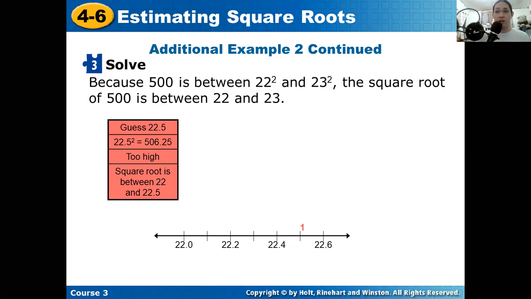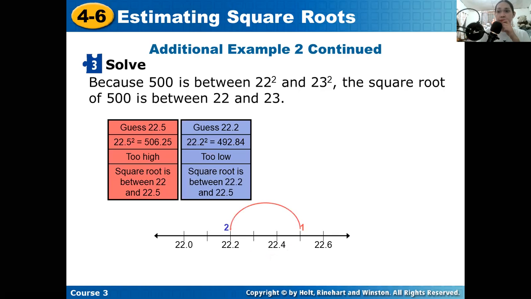Again, our radicand is 500, so it's above 500. That's why it's too high. It exceeds by 6.25. That's why the square root is between 22 and 22.5. It's too high because it's far from 500 when you square it.